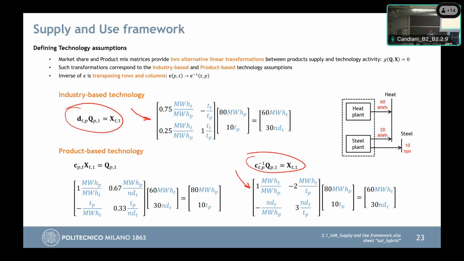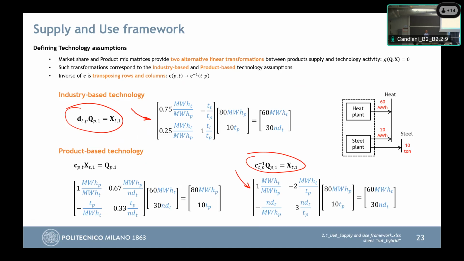But again, it depends if this assumption is reasonable with respect to the system that I'm analyzing. If it is reasonable for you that when the steel plant is working, heat is also going to be produced, and this is expected to be recovered, and it will represent a saving in natural gas consumed by boilers, then it's right. The product-based assumption is the right assumption for you. Otherwise, just get rid of it. And then, of course, there are no limits, because this is just a starting point.